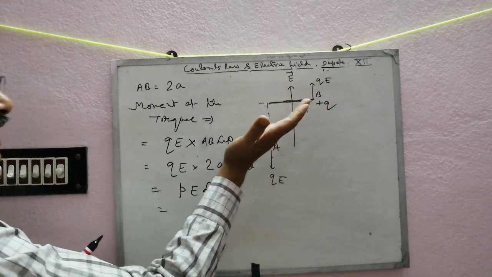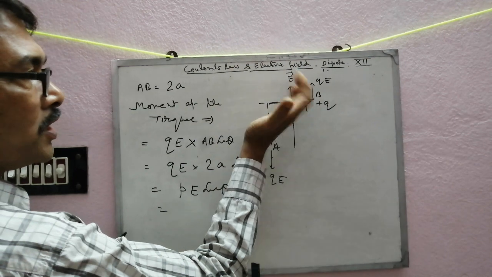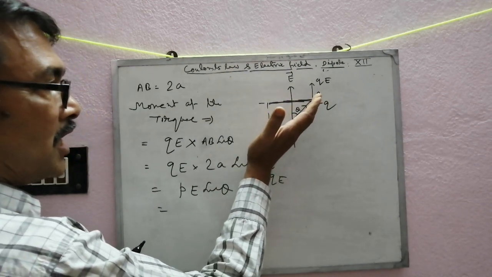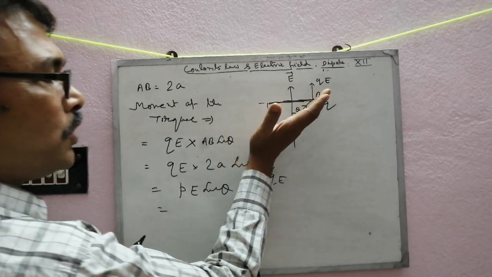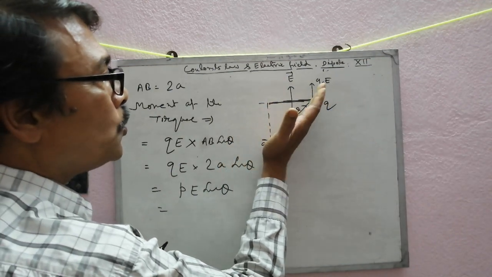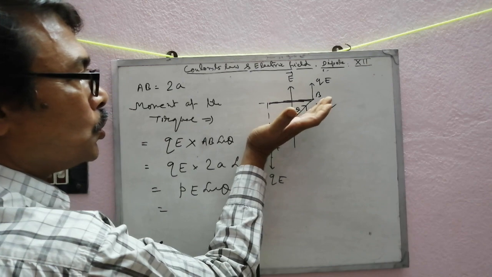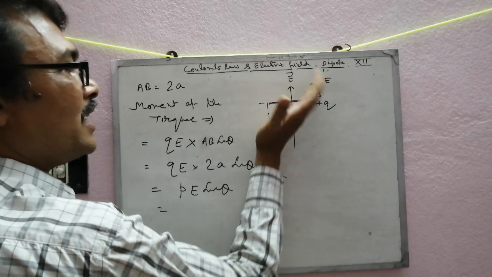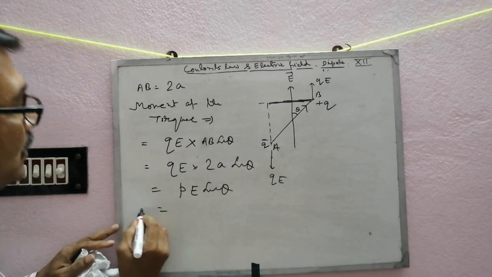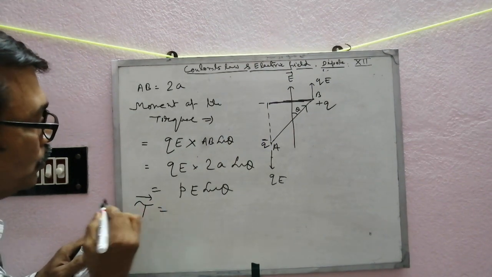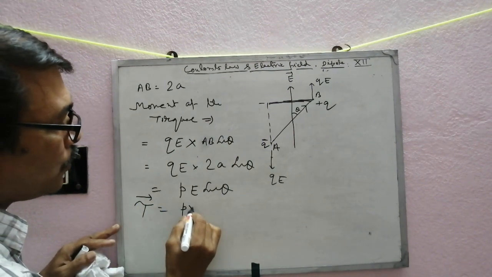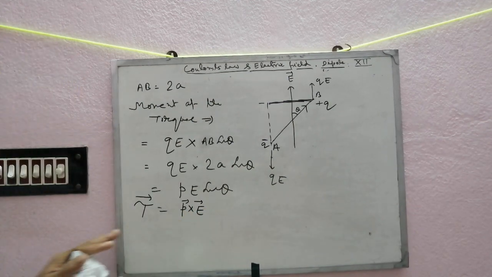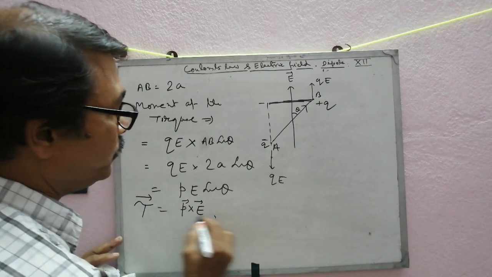Follow my right hand: P cross E. If the dipole is free to rotate, it will rotate towards the direction of E. So P cross E gives the torque vector tau, P cross E, not E cross P.